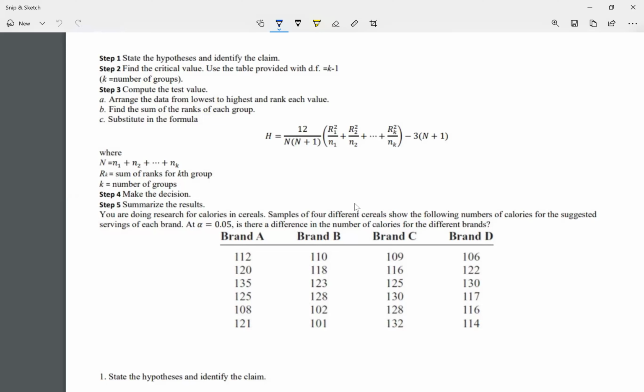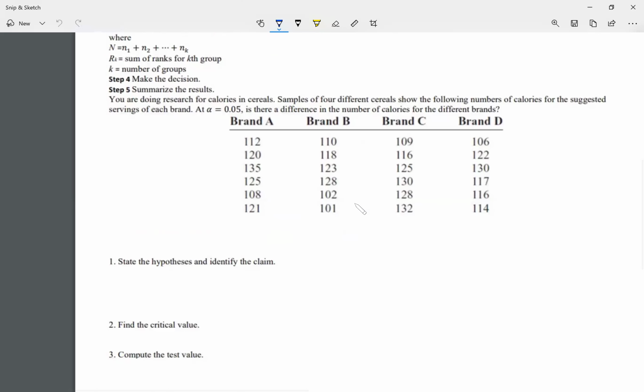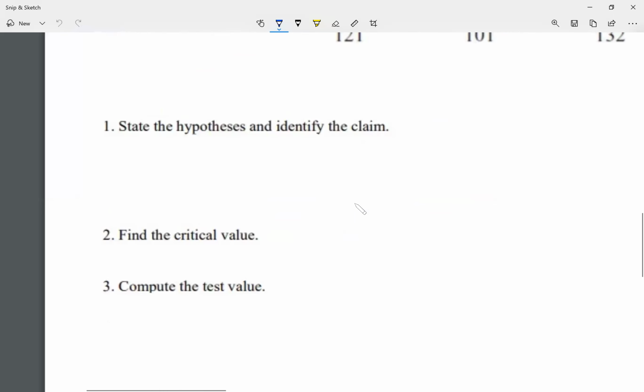Okay, so to begin with, we're going to state the hypothesis and identify the claim. My H-null, pretty sure that they come and say there is no difference in the calories that each of these cereals has.